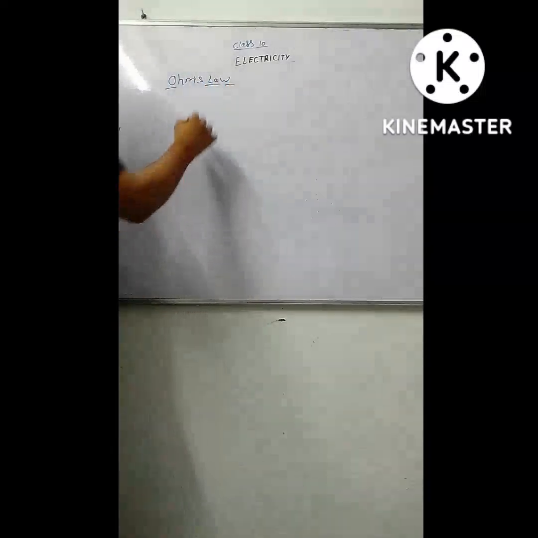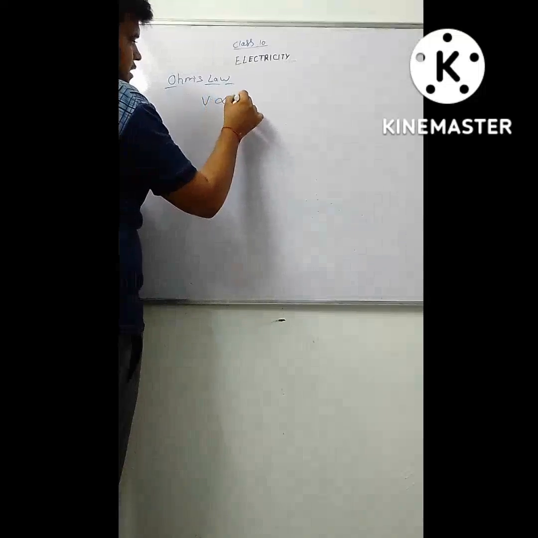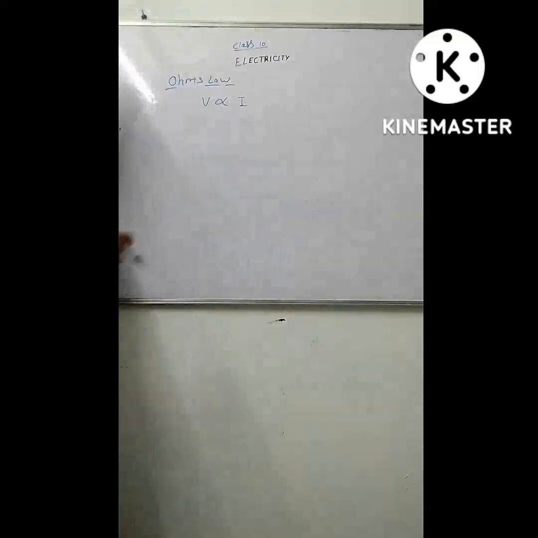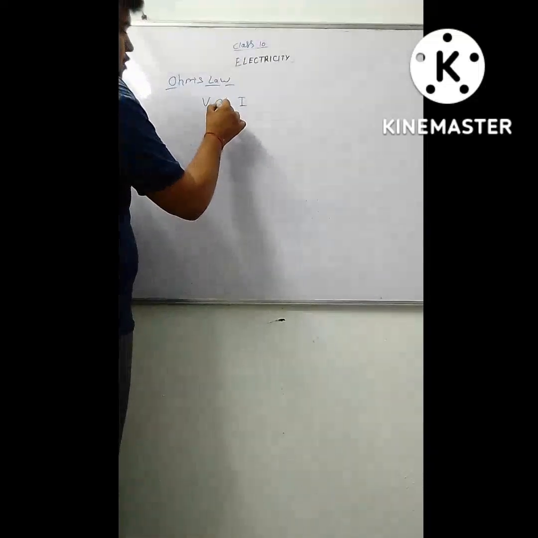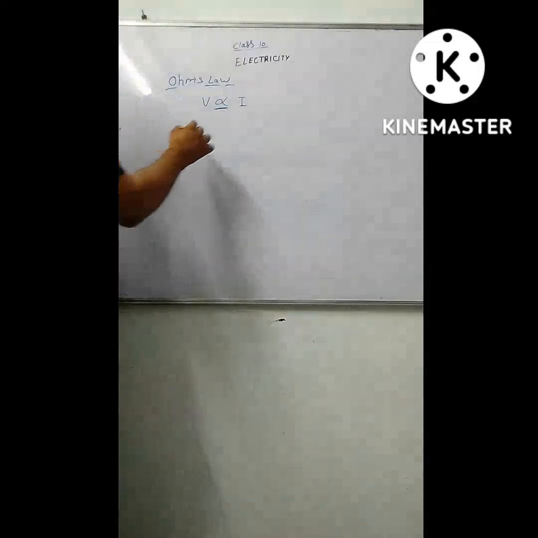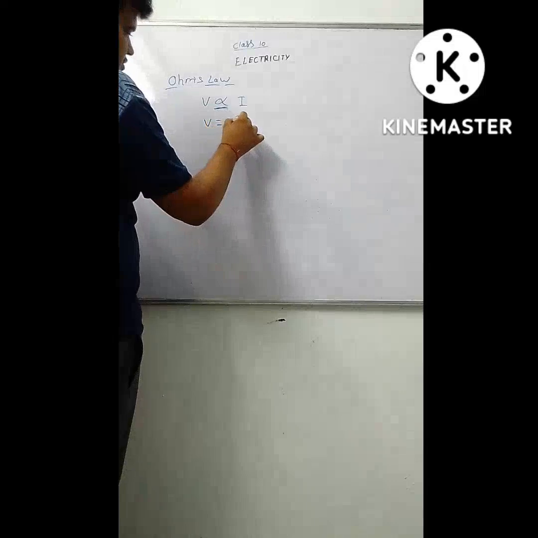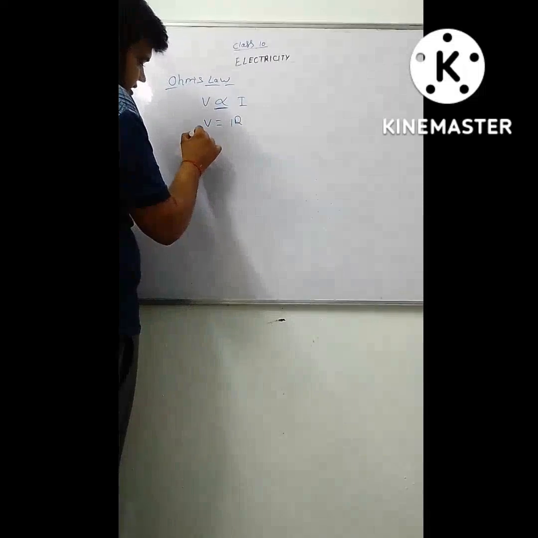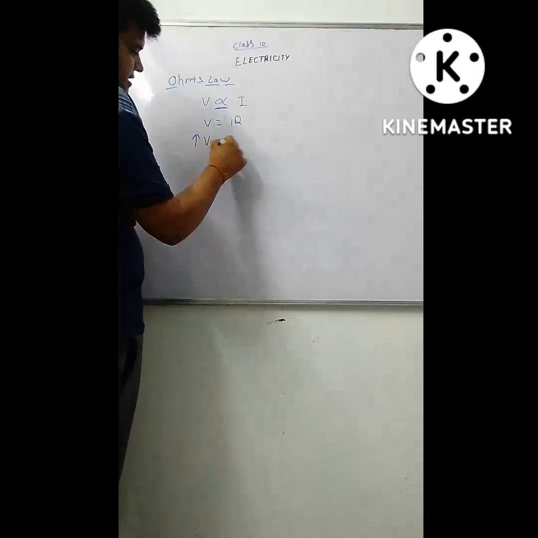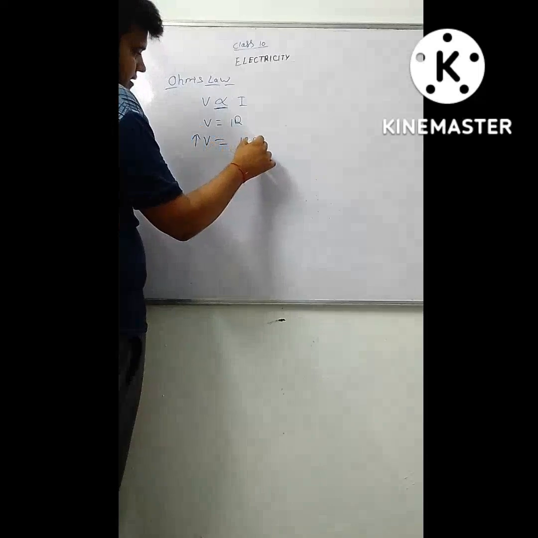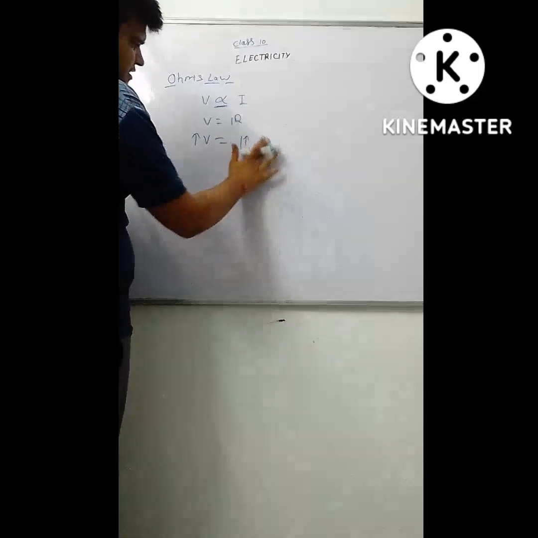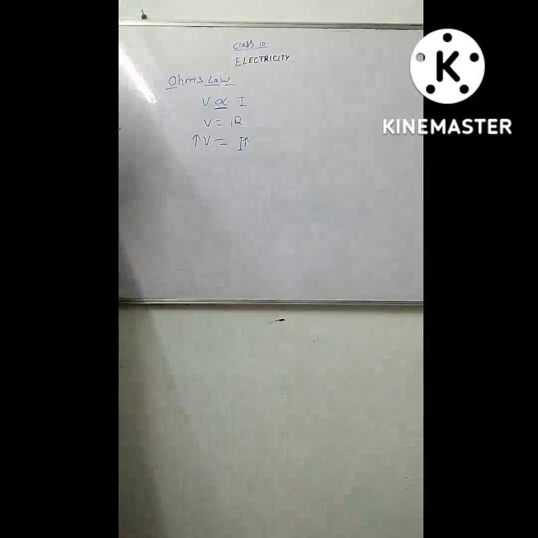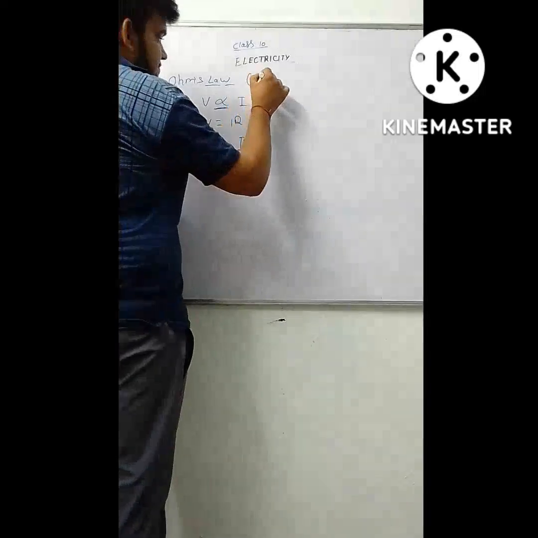Ohm's law says the potential difference is directly proportional to electric current, that is V is directly proportional to I. And to remove this proportionality, we can use resistance, that is V is equal to I into R. So, as potential difference V increases, I also increases, and R might be constant for any conductor. As V increases, I increases.